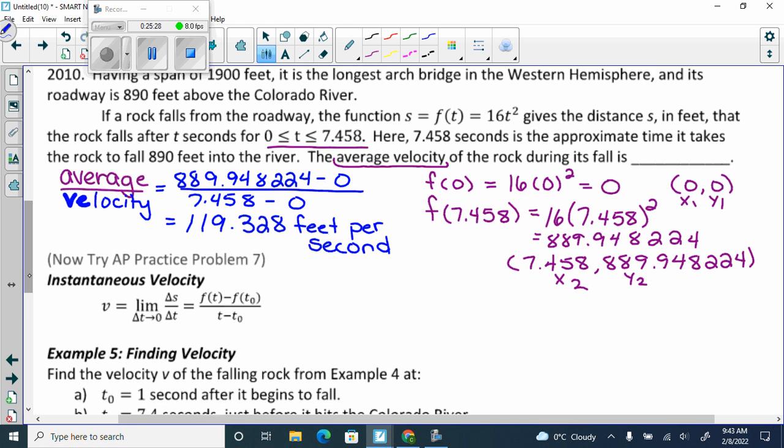So if I give you instantaneous velocity, what am I asking you to find? The first derivative. If I ask for instantaneous velocity, I'm actually asking you to find the limit of the change in S over change in T. So what we're doing with Newton's first principles is finding the limit of slope.